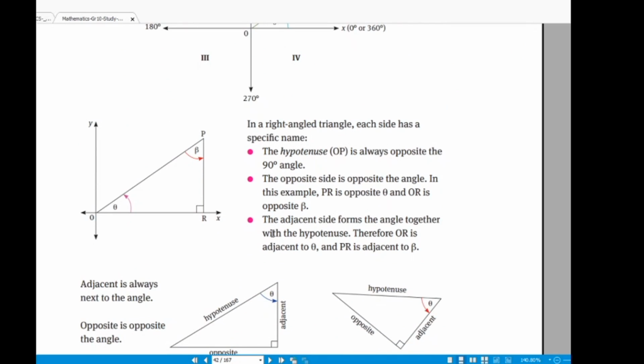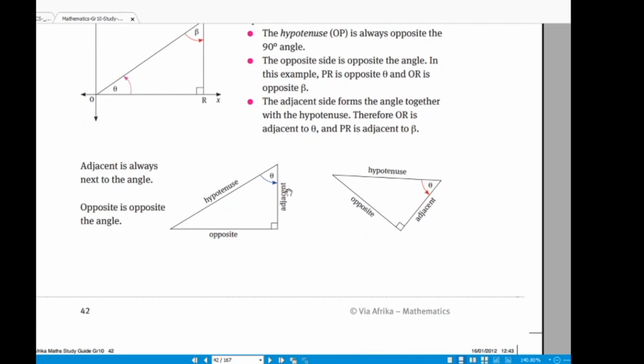Okay, so in a right angled triangle, each side has a specific name, right? As you have seen, these sides have specific names depending on which angle you are looking at. The side that is opposite to the 90 degrees is called the hypotenuse.